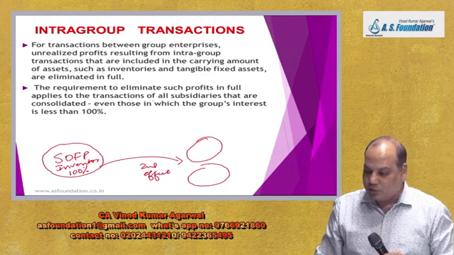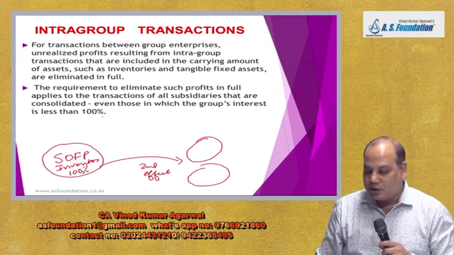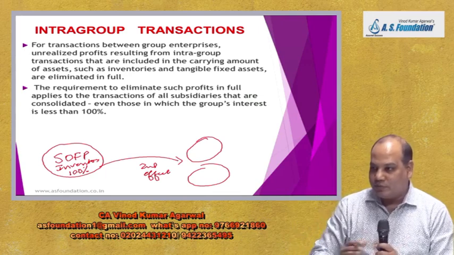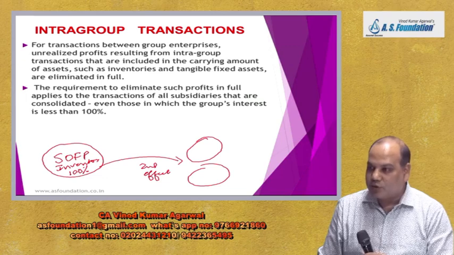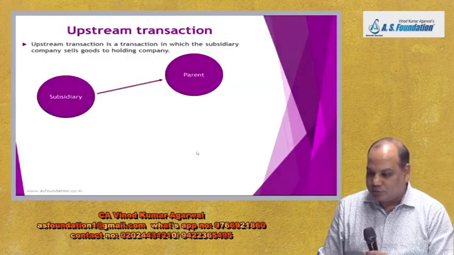So requirement to eliminate such profit in full applies to transactions of all subsidiaries that are consolidated, even those in which group interest is less than 100%. Since we are recording 100% of the net asset, we will eliminate 100% of the unrealized profit from SOFP. Only the second effect I am going to explain below.